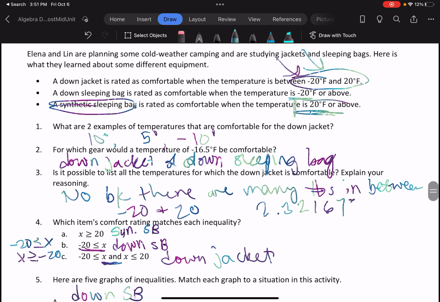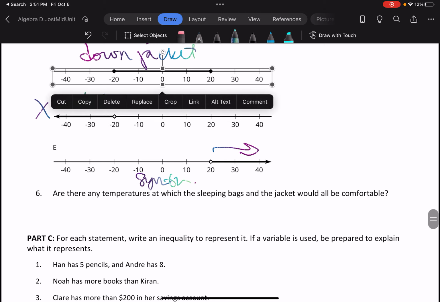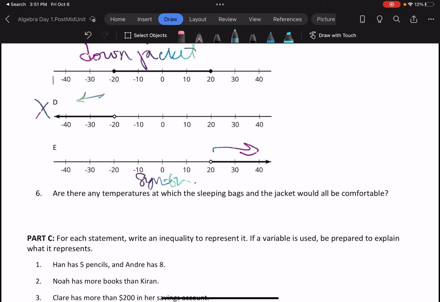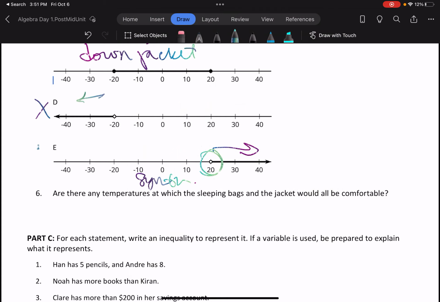But it says 20 or above. And so that could mean it could be 20, and this is an open circle. So remember that open circle means it does not include that number. So actually this one also doesn't really match with anything nicely. The one we would be most tempted to do is the synthetic sleeping bag, but it doesn't actually work because that circle is not filled in.